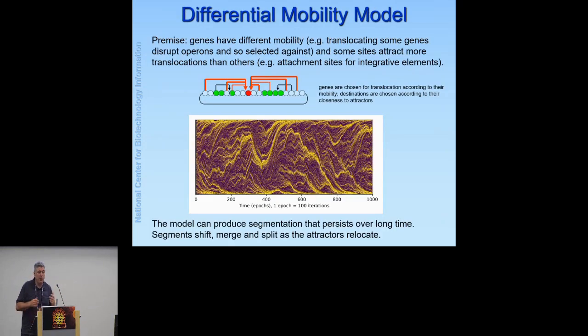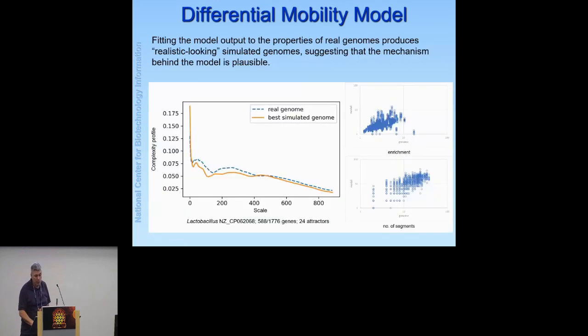So we did make a model and run simulation based on the two features, that some genes are less mobile than other genes, and some sites on the chromosome serve as an attractor for gene translocation. And funny enough, you can get from this model the simulated chromosome structure, which is very similar to what we observe.